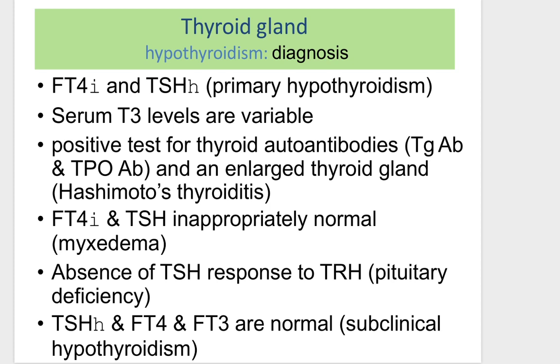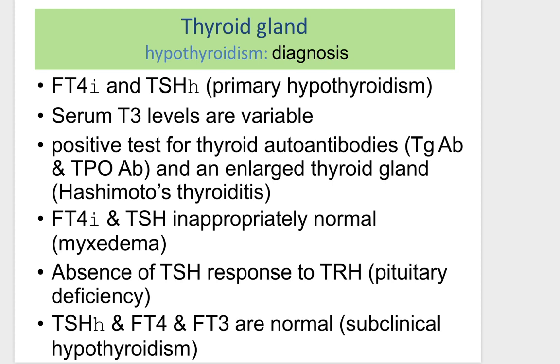Serum T3 levels can be variable. There will be a positive test for thyroid antibodies, for thyroglobulin or thyroperoxidase, and an enlarged thyroid gland, like in Hashimoto thyroiditis. The relation between T4 and TSH levels is inappropriately normal, typical for myxedema. Absence of TSH response to TRH indicates pituitary deficiency.